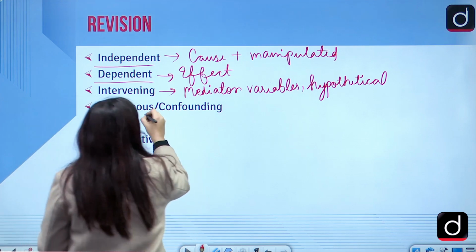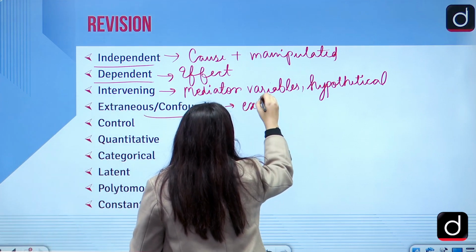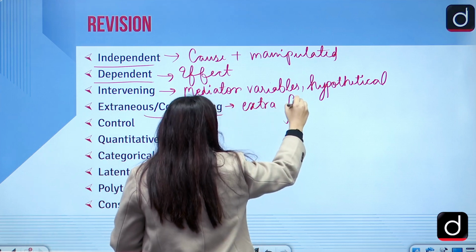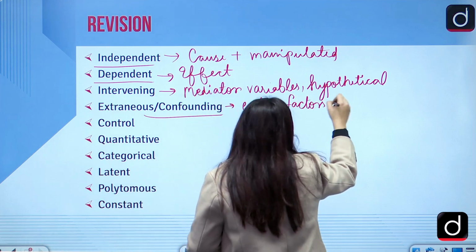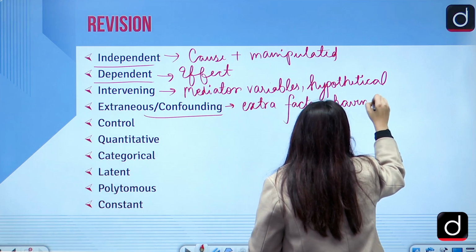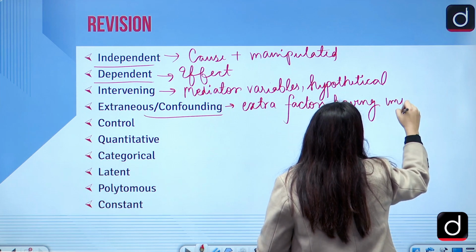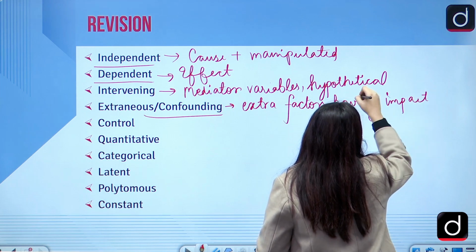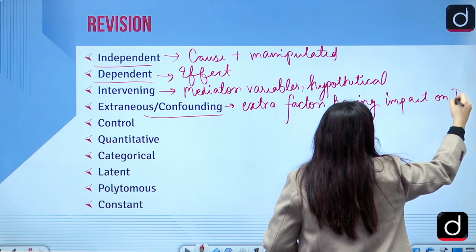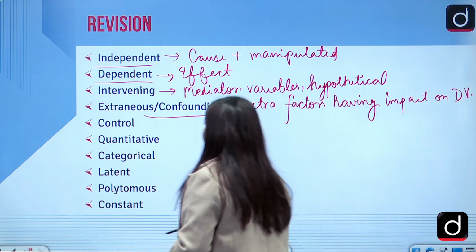So it tries to confuse. Hence, extra factors having impact on DV, which means dependent variable.